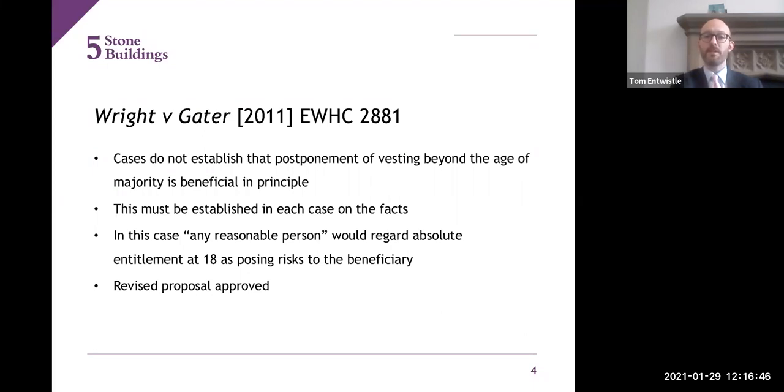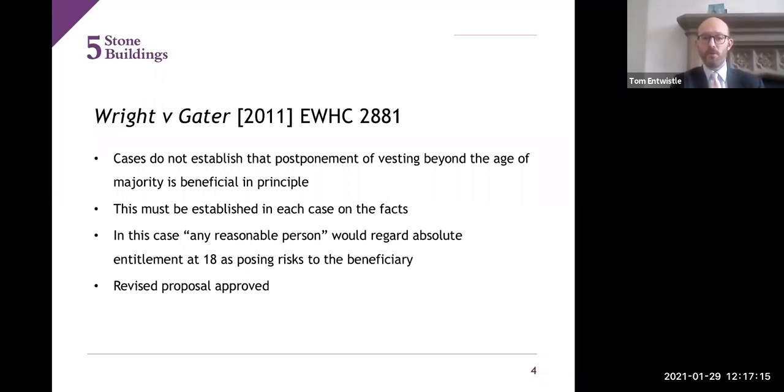In fact, he said that on the not terribly unusual facts of Wright and Gator, any reasonable person would regard it as posing risks if he became entitled to it at 18. And obviously, since the beneficiary was only 3, this wasn't based on any evidence of his own ability to handle money, and therefore must have been based on some sort of general position.